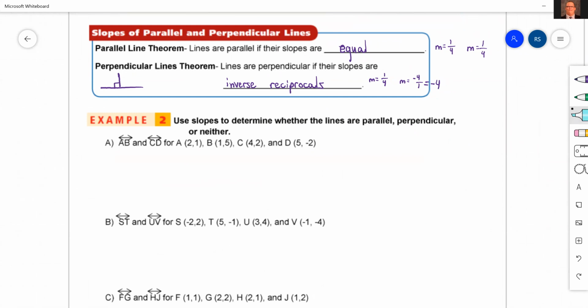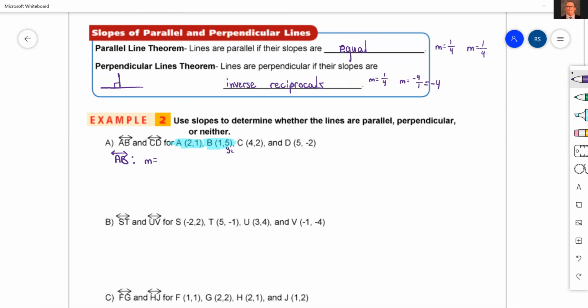So we're going to have A and B. That's one we've got to do first. So for AB, our slope, we do y2.